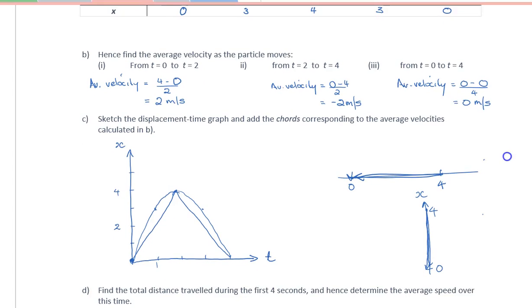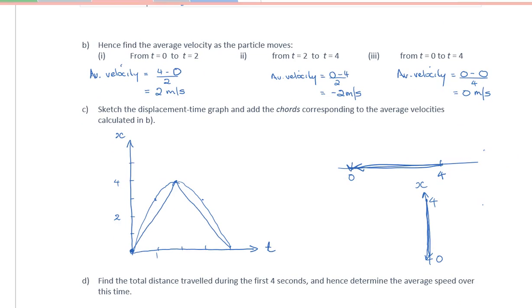To graph that, we had that it was going to be a nice parabola upside down. Don't take this to think that resembles the path of the particle. The particle may have started here at 0, gone 4 units in the positive direction, and come back 4 units.